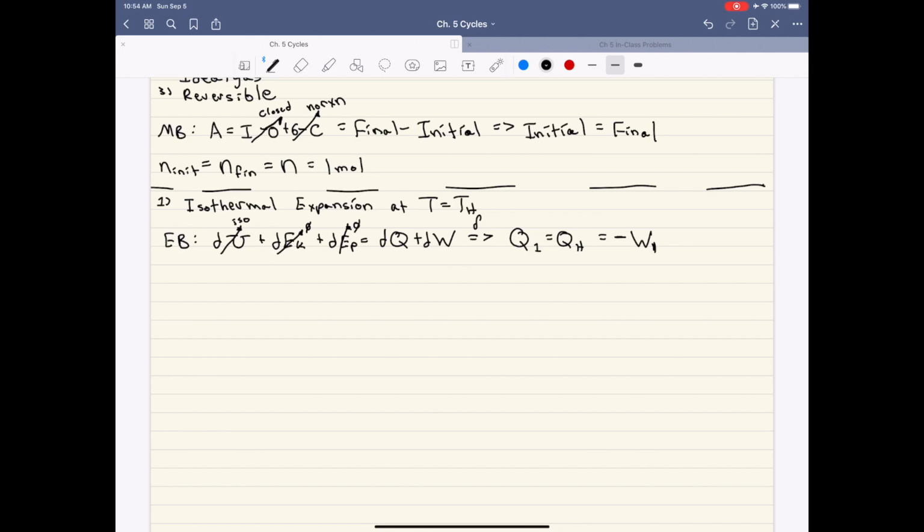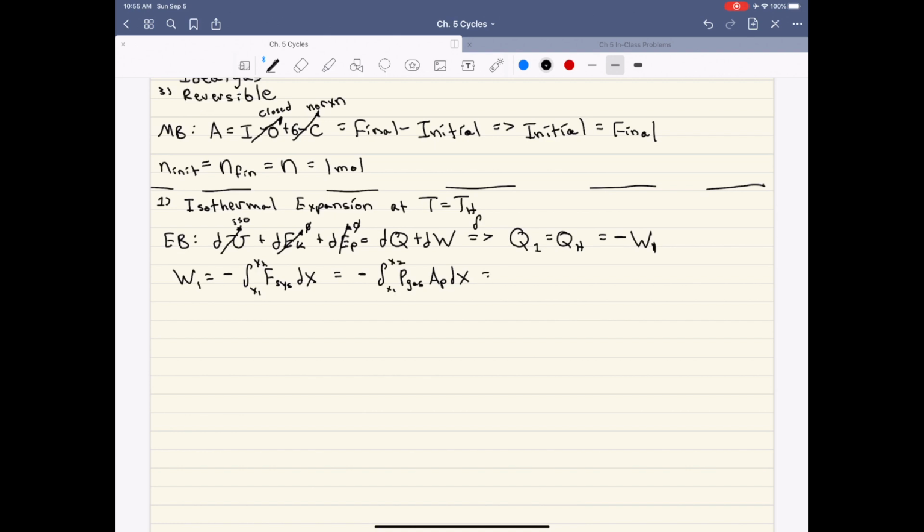All right, and so to calculate work, we could just apply our fundamental definition: the integral of F system dx from x1 to x2. The force exerted by the gas is going to be pressure of the gas times the cross-sectional area of the piston.